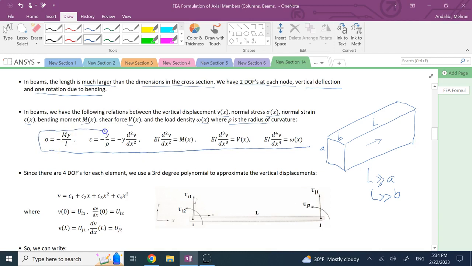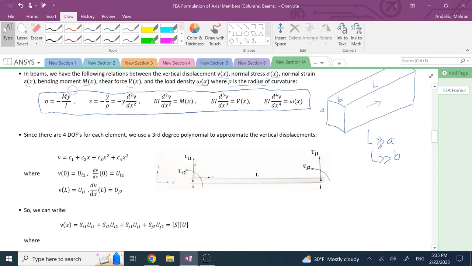The normal stress, the strain, the moment, the load density, and the shear are all related to the derivatives of nu with respect to x. We know all of this from solid mechanics, and I refer you to a solid mechanics book if you don't know about it. This is in pure bending that this happens.